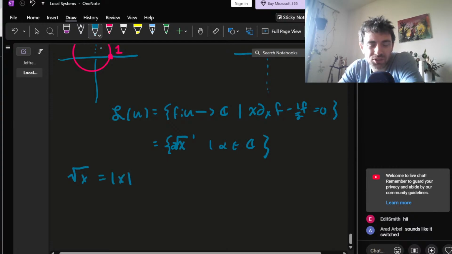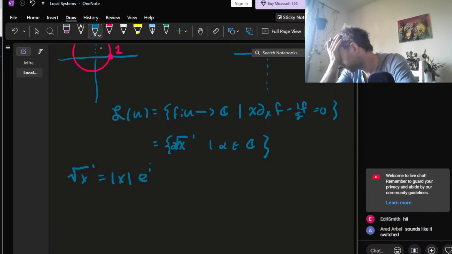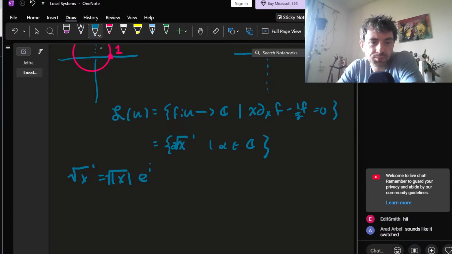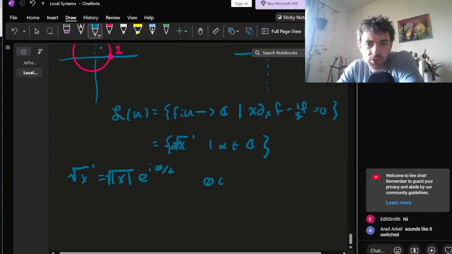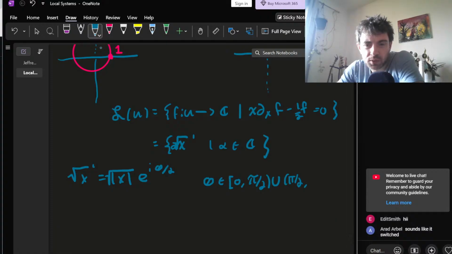It'll be the square root of the absolute value times e to the i theta over 2, where we've specifically chosen to write theta as being from 0 to pi over 2 and from pi over 2 up to 2 pi.